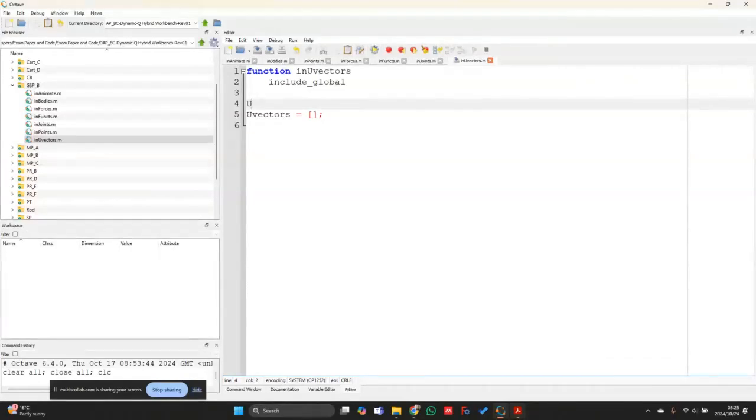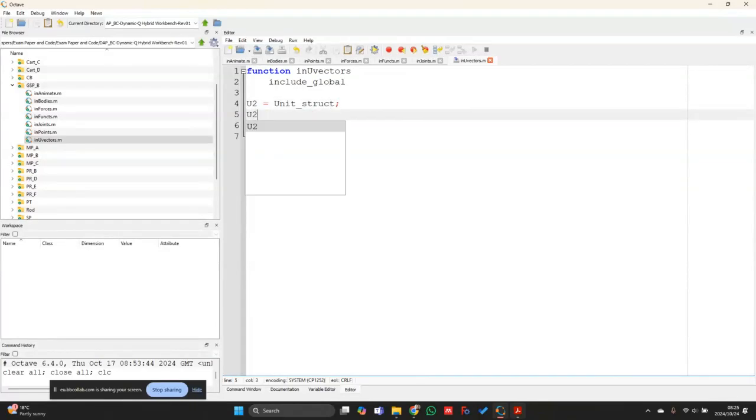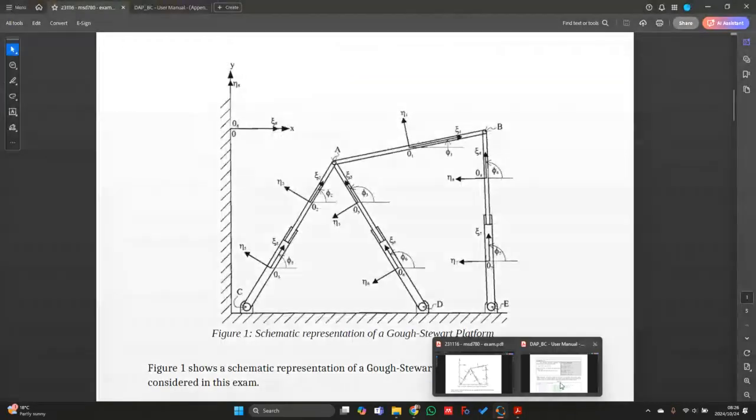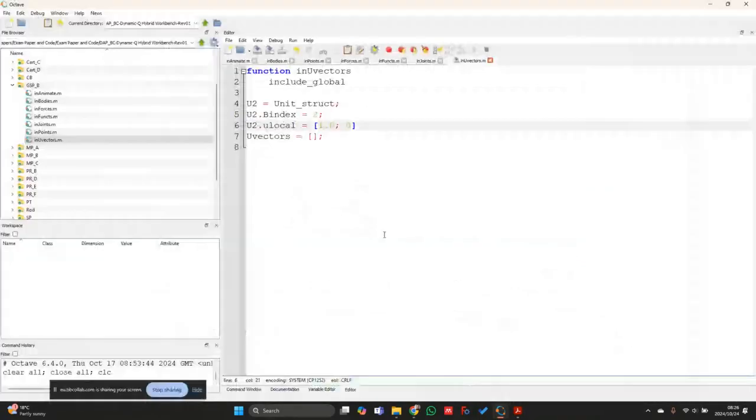So if I say U2, I'm going to make it a unit structure. U2.body index, and this will then be on body 2. And to align it with the Xi direction, I'm just going to say U2.u local is then equal to 1.0 and 0. Just want to check that I still use a semicolon. Yeah. Okay, so then that is fine.